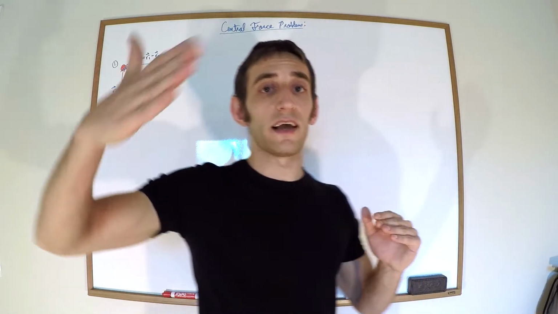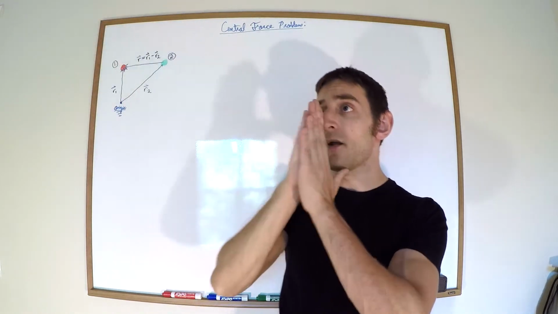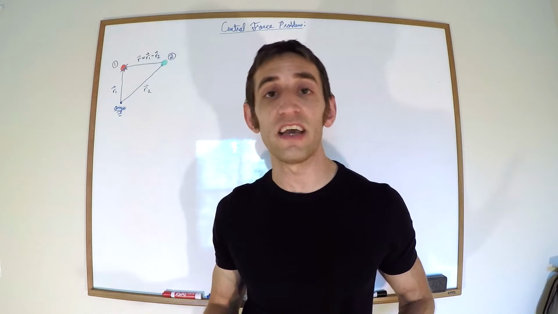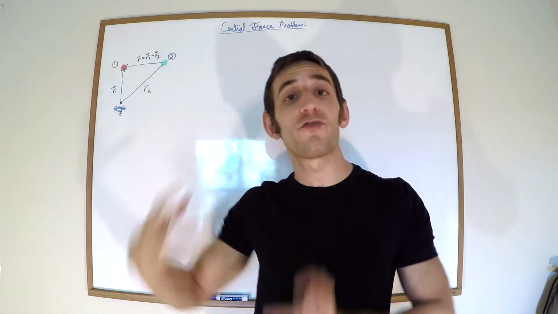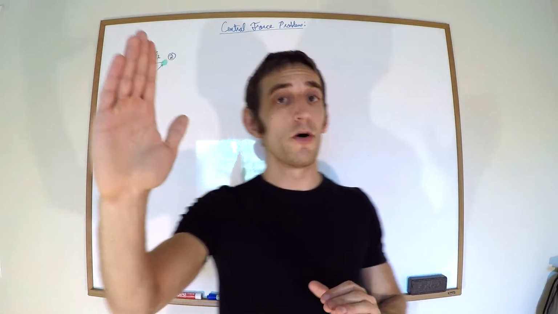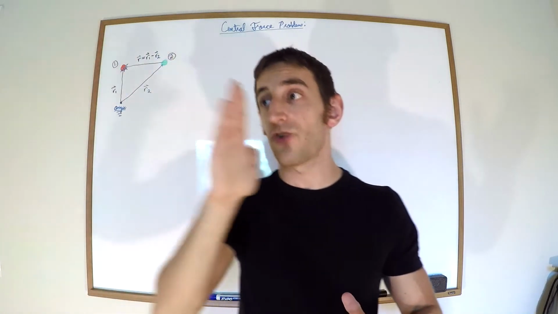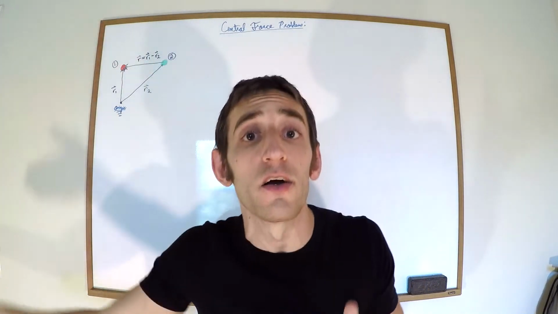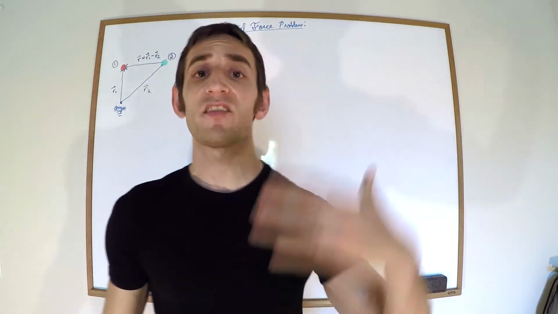So if we're going around like this, and we throw the ball like that, naturally it's going to be in a straight line, right? But in our reference frame in that merry-go-round, we're moving like this. So if it's going in a straight line, it's going to look like it curves, right? And that's going to give rise to the Coriolis force.